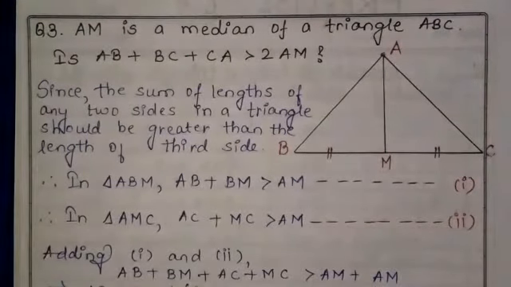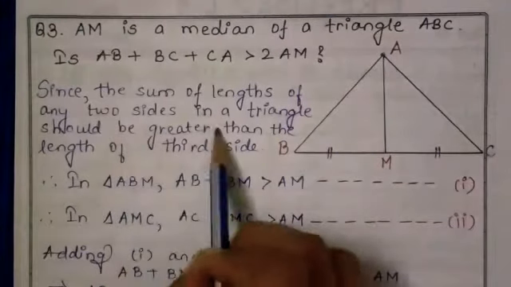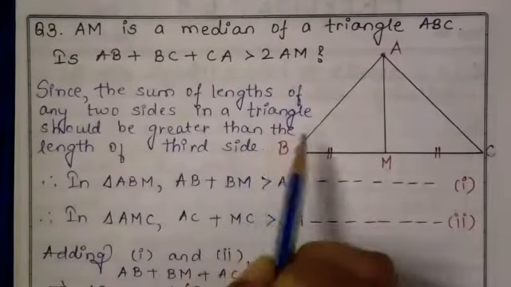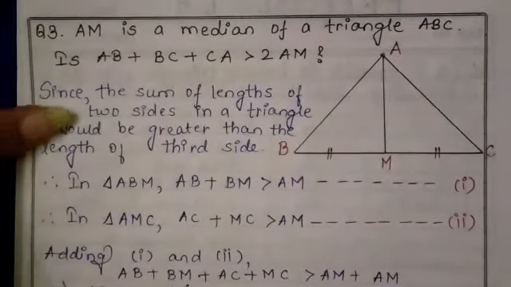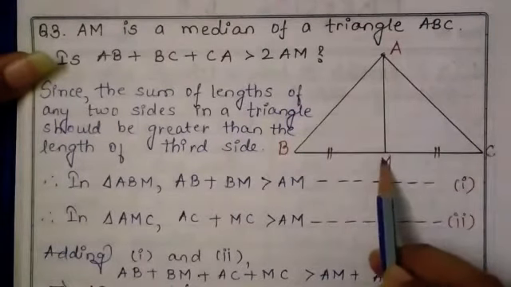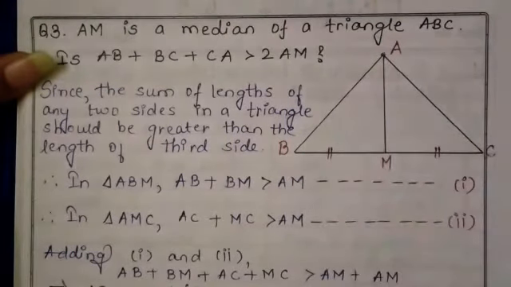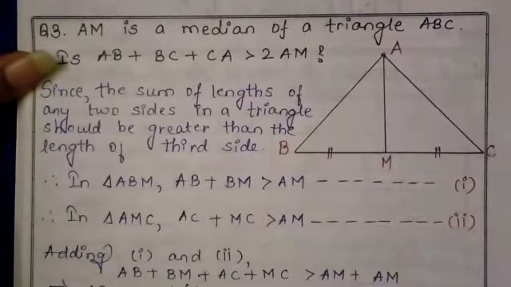We know the property that the sum of the lengths of any two sides of the triangle should be greater than the third side of the triangle. So in triangle ABM, this median has divided the triangle ABC into two parts. The first part is ABM and the second part is AMC.